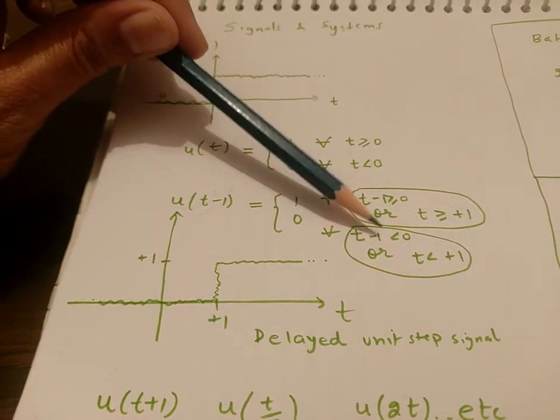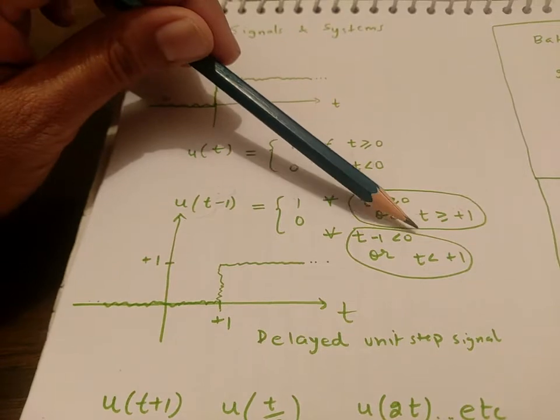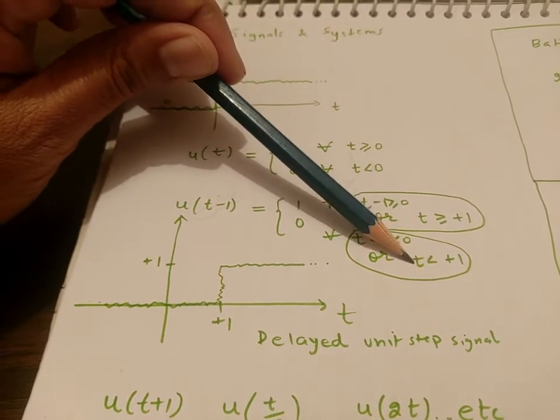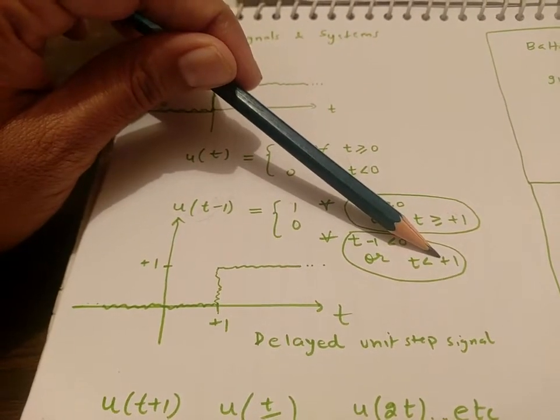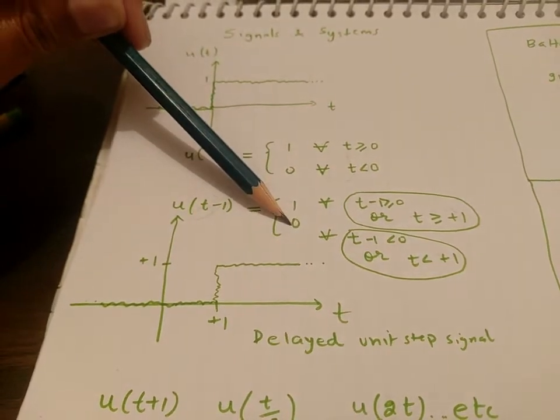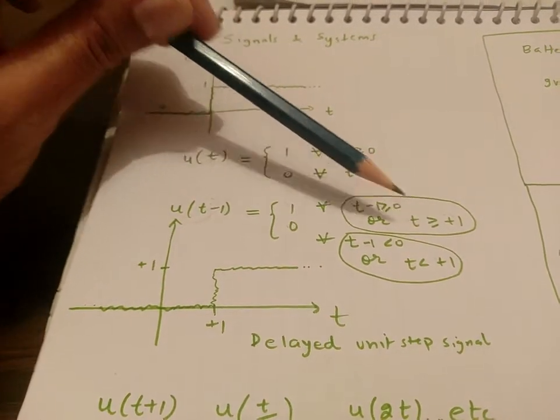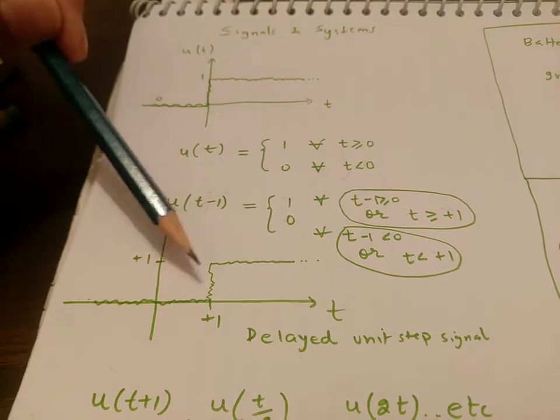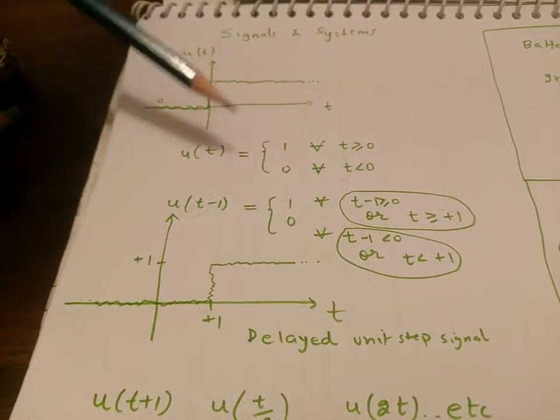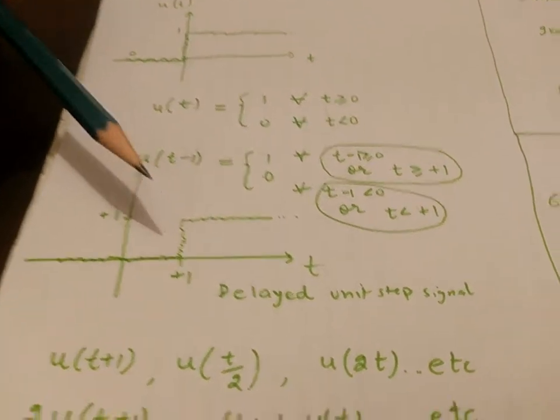Now treating this inequality, taking -1 to the right hand side gives this. Then t less than +1 indicates a value 0, t greater than +1 indicates a value 1, which is drawn here. So the signal seems to be delayed in time towards the right.